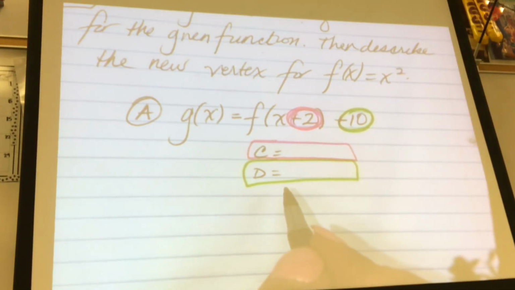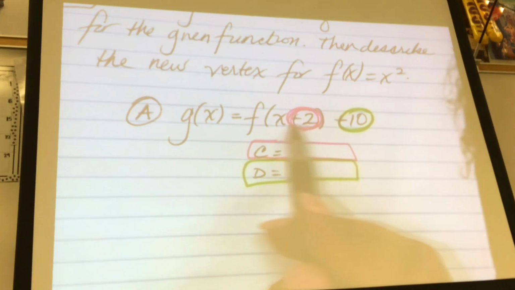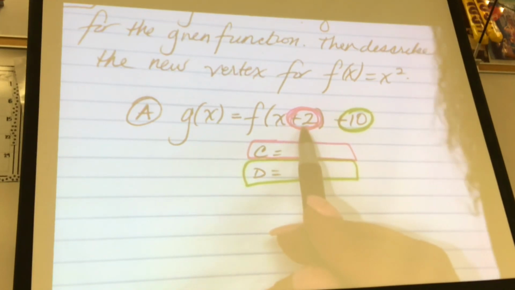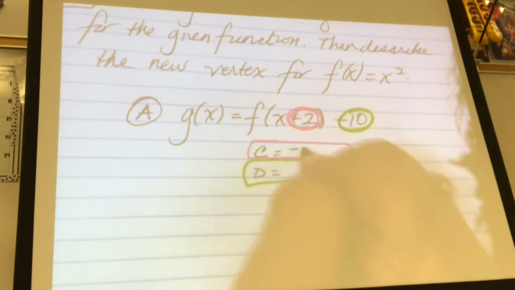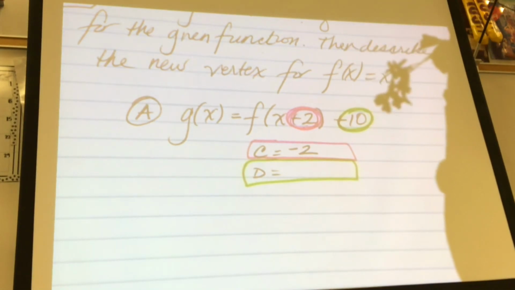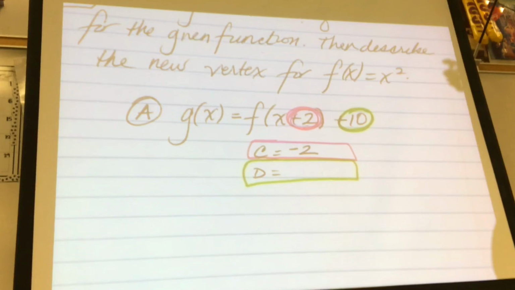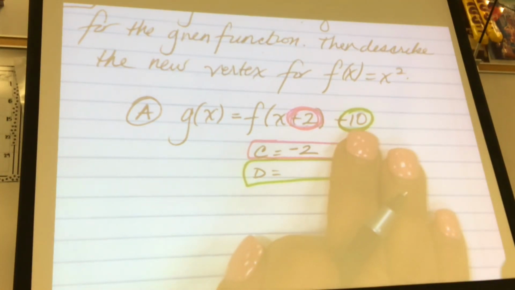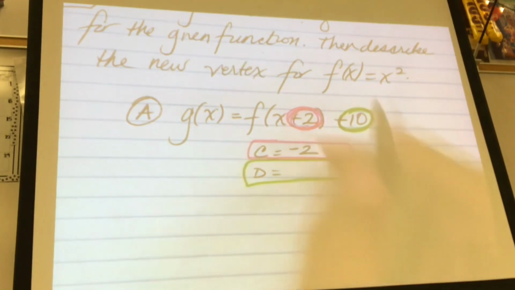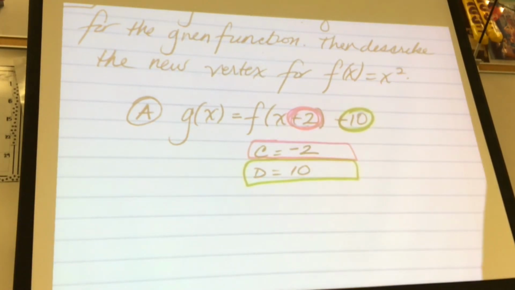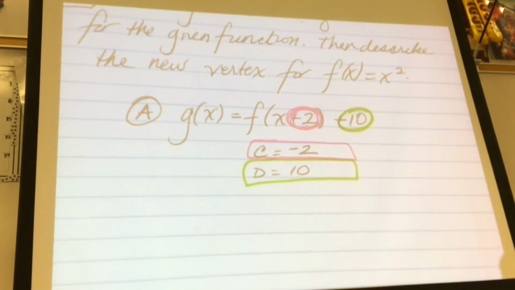So remember what we said about if it's inside the argument, you're not going to tell me that the C value is 2. The C value is negative 2 because that's going to tell me to move in the opposite direction. But the 10 you don't make opposite, because D we do not make opposite. So the D value is 10.